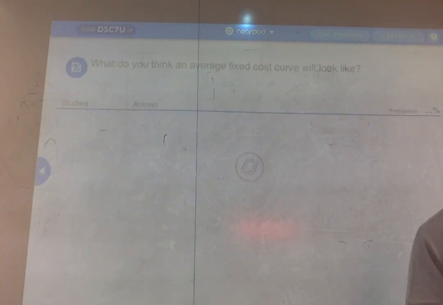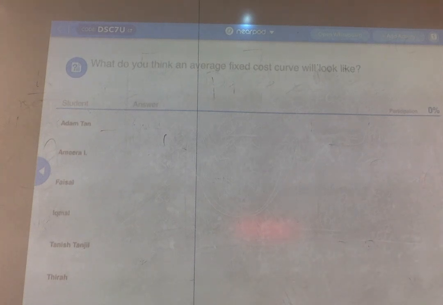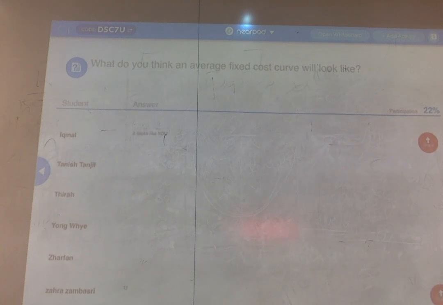Alright, so what does the average fixed cost curve look like? The average fixed cost curve.